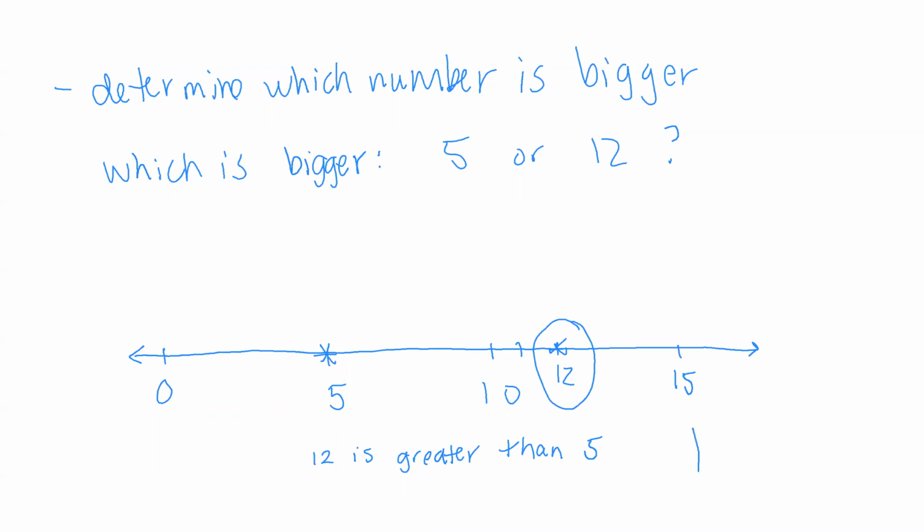You could also use those inequality symbols, and you could say 12 is greater than 5. Or you could say 5 is less than 12. In this particular case, since we want to know which one is bigger, I personally prefer 12 is greater than 5. All right, that's really all there is to comparing whole numbers.